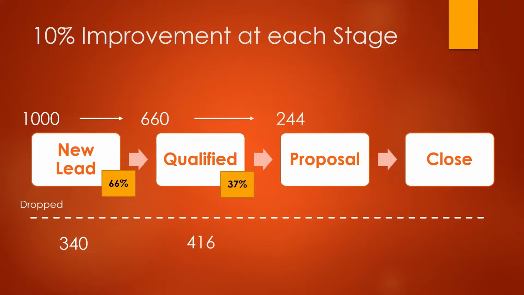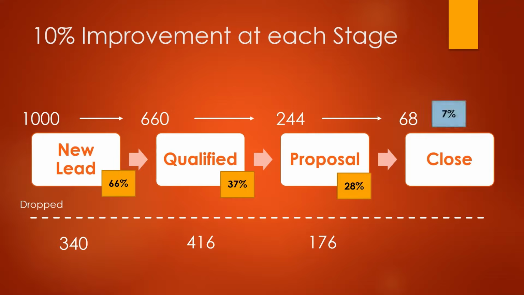Then again, with a 10% improvement in the second stage, moving from qualification to proposal, instead of 200 proposals, you are now submitting 244 proposals. And if you improve your final third stage conversion from 25% to 28%, you are winning 68 deals. So not 50, not 55, but you win 68 deals.